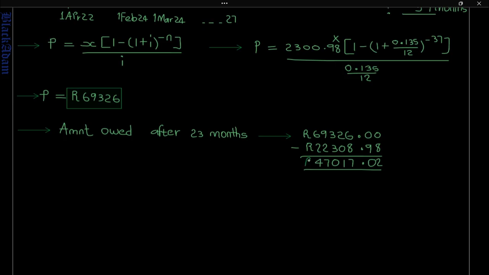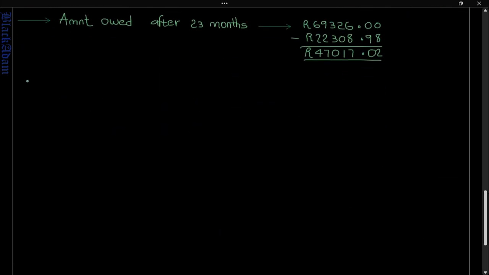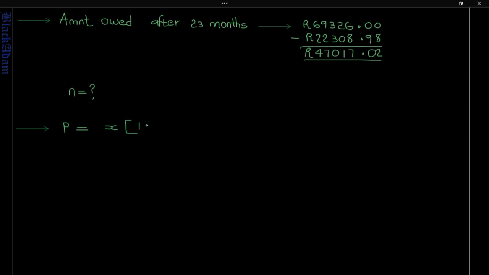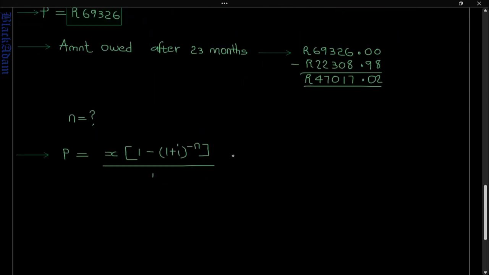For the 47,000, that means now n is the amount that we need to calculate. So we go back to the original equation. Present value equals x, the amount paid monthly, times 1 minus bracket 1 plus interest rate to the power negative n, all over the interest rate.